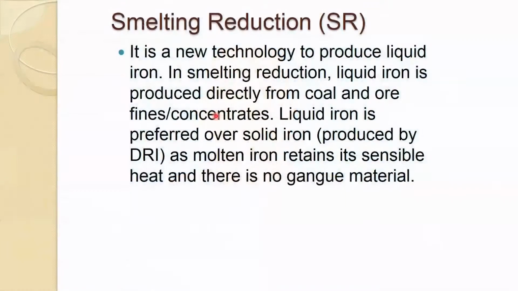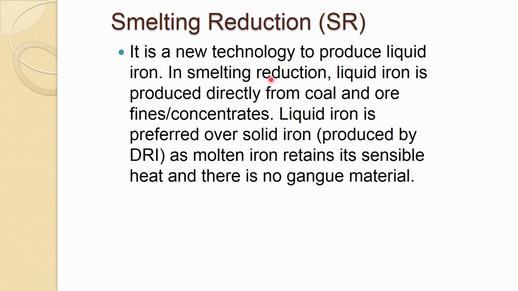That's how the smelting reduction came into existence, using almost the same cheap raw materials like coal, ore fines, and like that. So now we will talk about the smelting reduction.